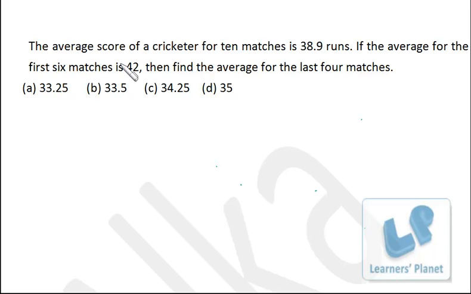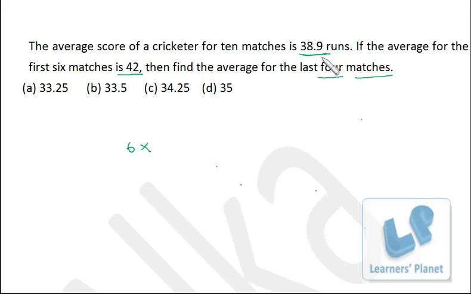Now similarly this problem: the average score of a cricketer for 10 matches is 38.9. This is the overall average. If the average for first 6 matches is 42, what is the average of last 4 matches? Again we see the deviation. For 6 matches, deviation is 42 minus 38.9.